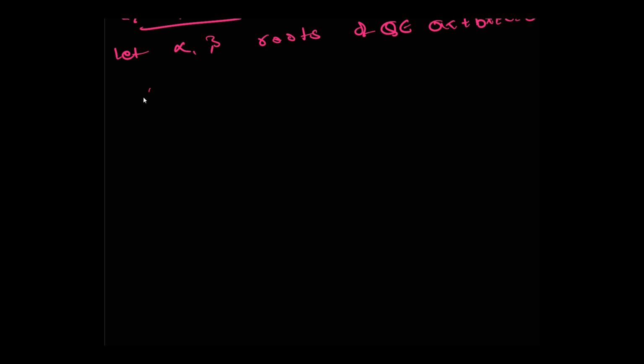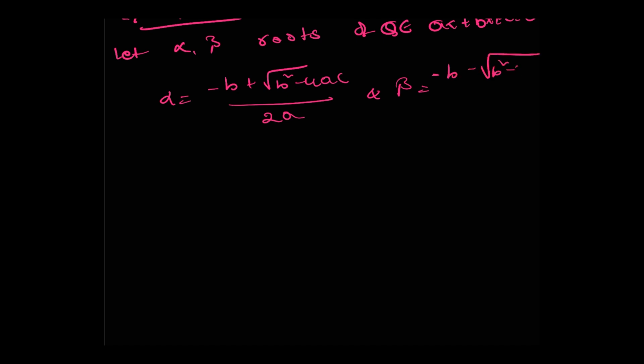Now alpha equals to minus b plus root over b square minus 4ac by 2a, and beta will be minus b minus root over b square minus 4ac by 2a.